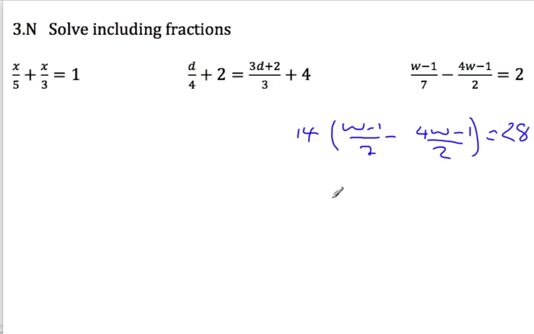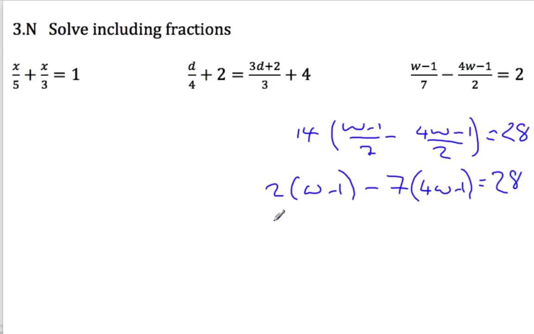Now we're distributing that 14 in. Times this by 14, times by 7 knocks out the fraction, and then we have to times it by 2. So we've got 2 lots of w minus 1, take away 7 lots of 4w minus 1, equals 28.